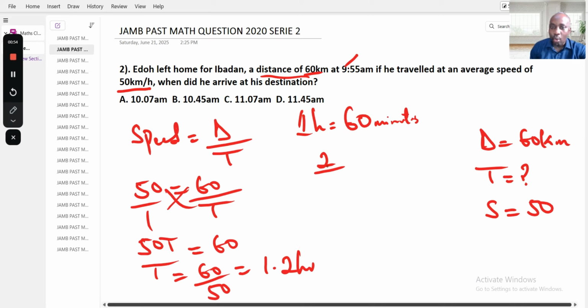So I can say 20 divided by 100 multiplied by 60, because I want to convert this 0.2 to minutes. 0 here is 0 here. What do we have left? 2 times 6, we have 12. It means that we have 12 minutes, isn't it? Not 0.2 minutes, not 20 minutes, because it's in decimal. Therefore, we have converted it back to 1 hour, 12 minutes.